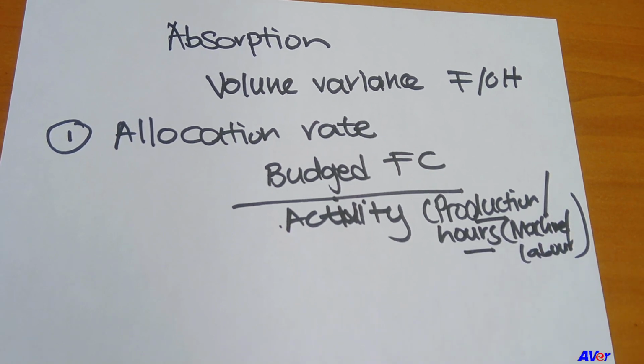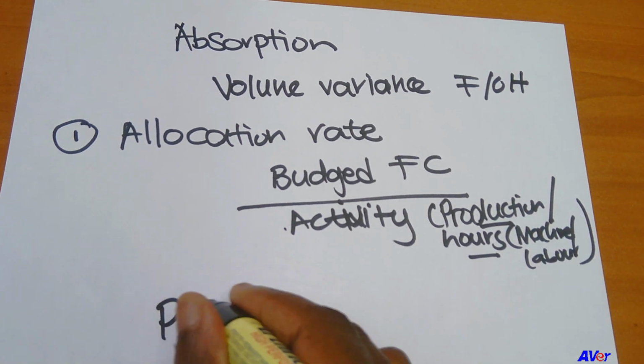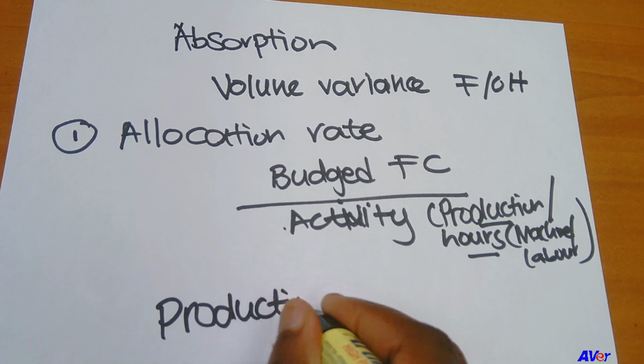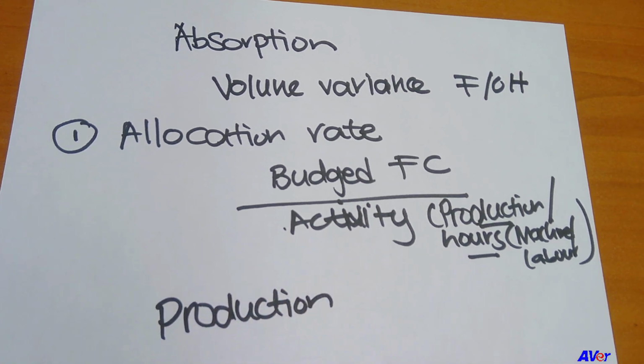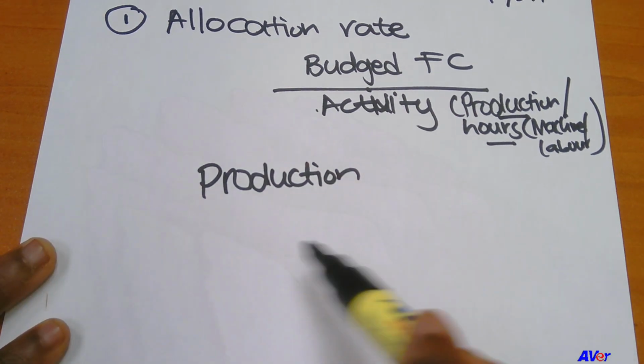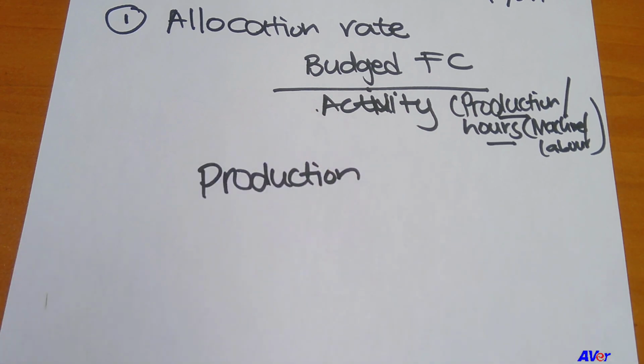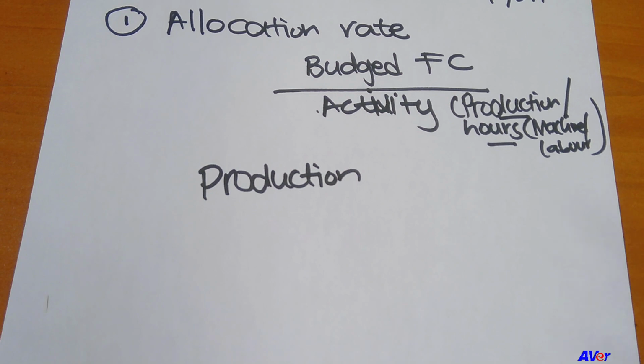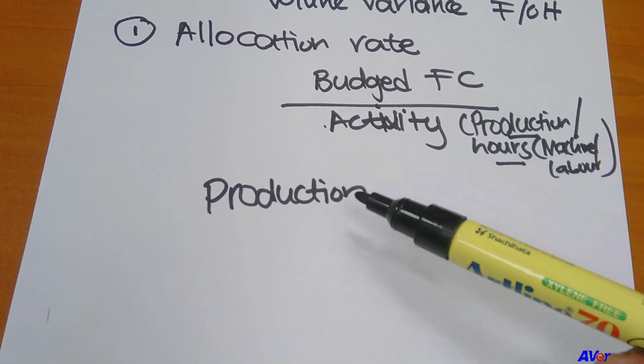Now I'm going to explain what it means when it's just production. If the question just says that this is your, like in the example that we first did in class, our production was what was given. We were not given hours. So we're not told that our fixed costs are driven by hours or by machine hours. We're just given the production.